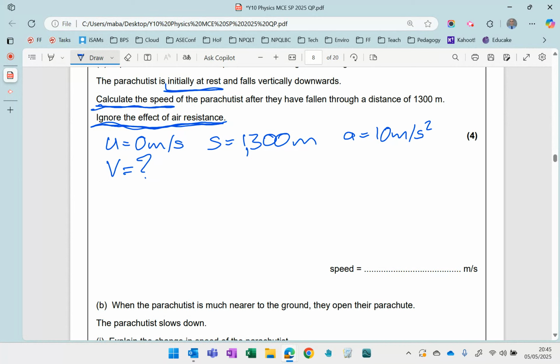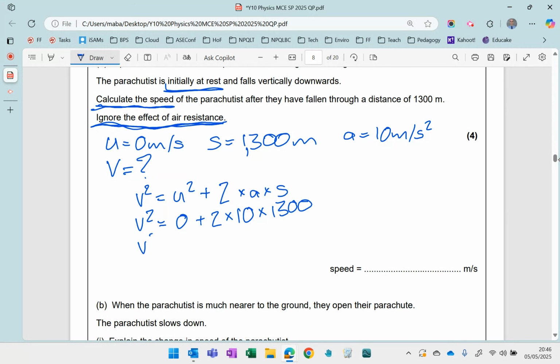Okay, so hopefully there's an equation jumping off the page at you. It's v squared equals u squared plus 2 times a times s. So we just work it through. That's 0, so that term's going to disappear, times 2 times 10 times 1,300, which gets us v squared as being 26,000.